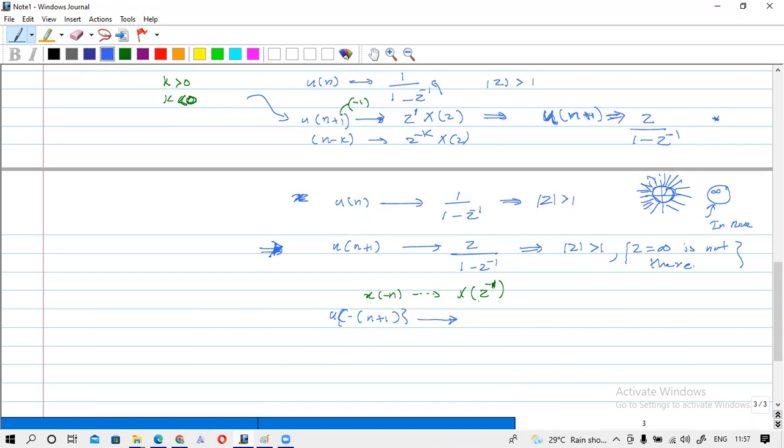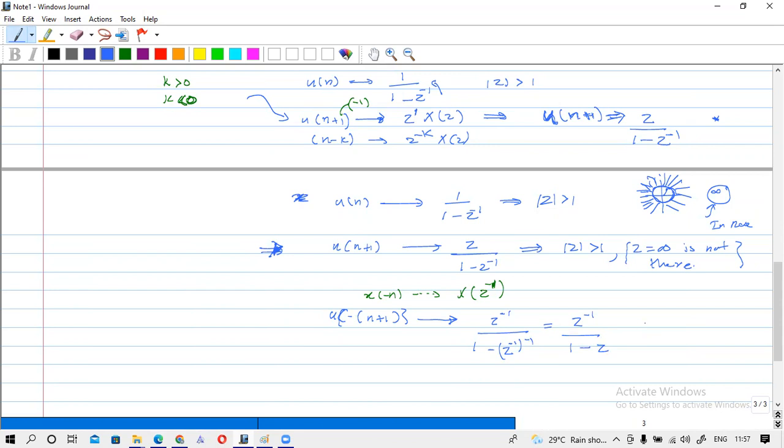So here also all z will be replaced by z^-1. So it will be z^-1 over 1 minus z^-1. Here the minus 1 will be reversed, so I will have z^-1 over 1 minus z.